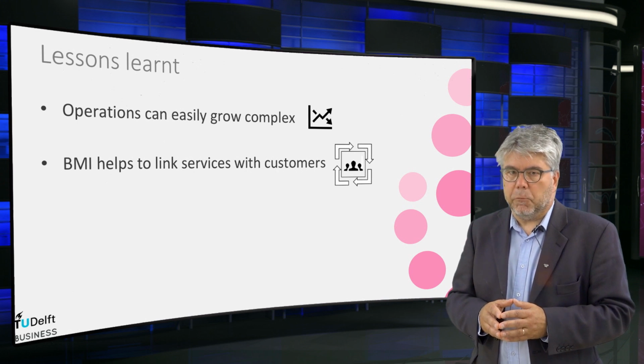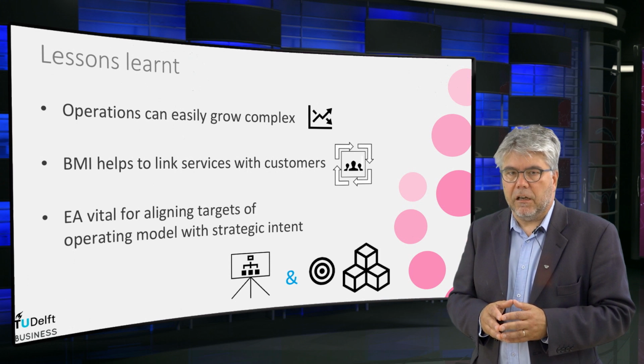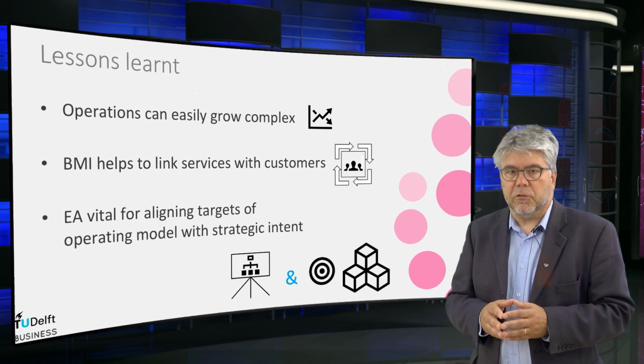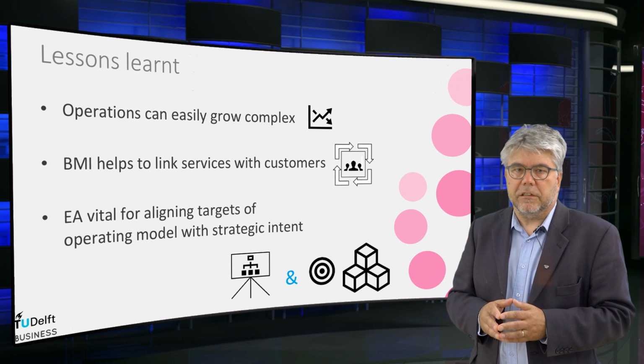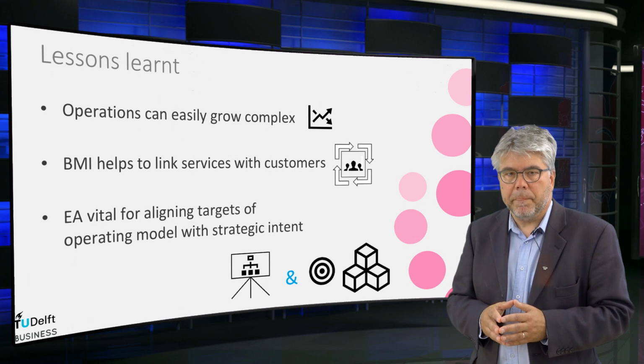Therefore, enterprise architecting is vital in aligning the performance targets of the operational model with the strategic intent. It is also the means to separate the concerns of the top management, business area managers, and designers so that the details can be managed with the best expertise and people on the right level.